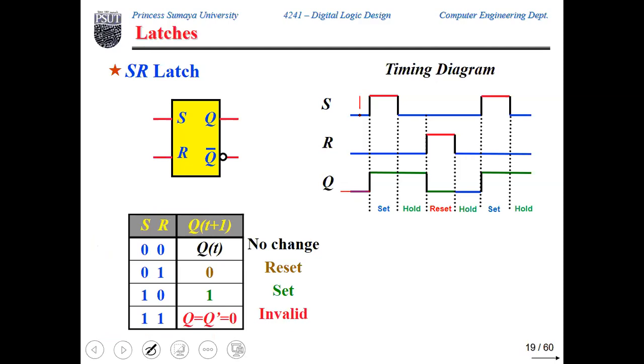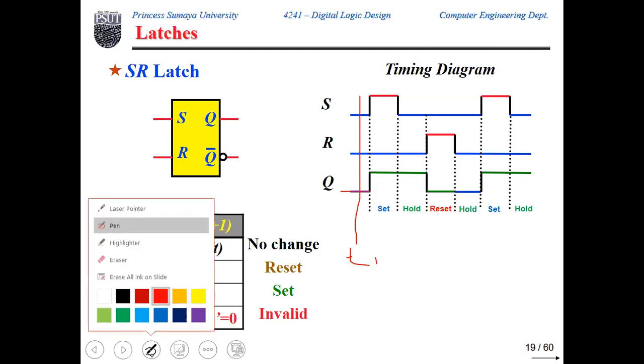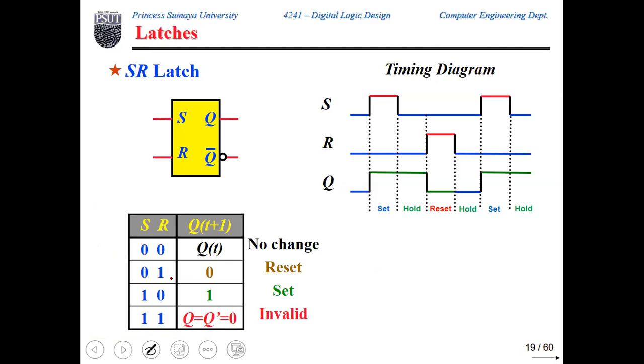If you take a vertical line at this time t, let's say 1, then the value of Q at this time depends on S and R. Since S and R are zeros, Q is the previous value before this instant of time, which is 0.